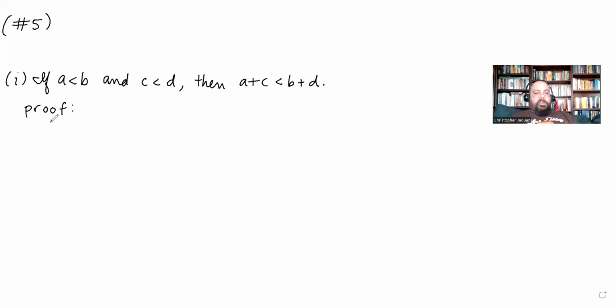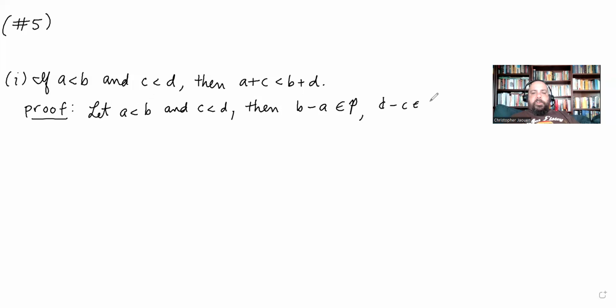This one's going to be a direct proof. For a direct proof, you assume the hypotheses: let A less than B and C less than D. Then B minus A is in the set of positive numbers, and D minus C is in the set of positive numbers, just by the definition of the order relation.